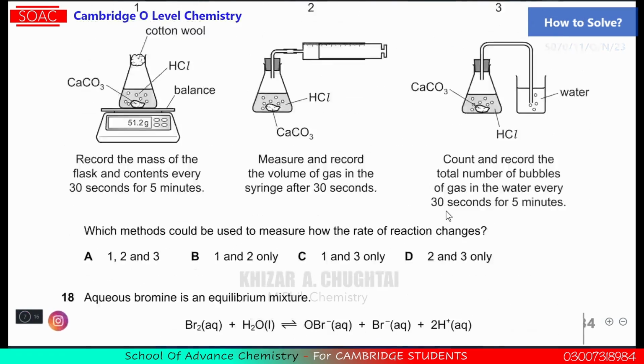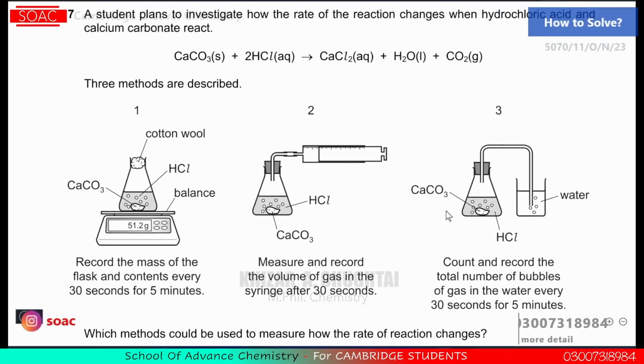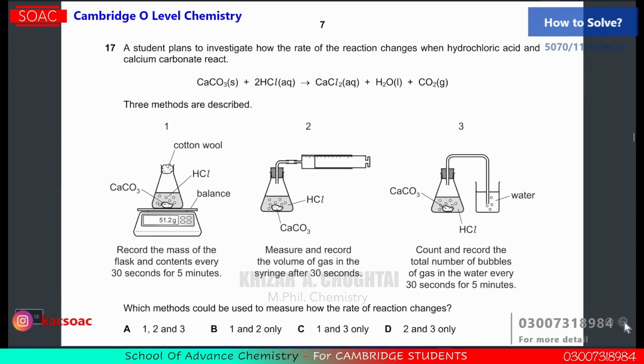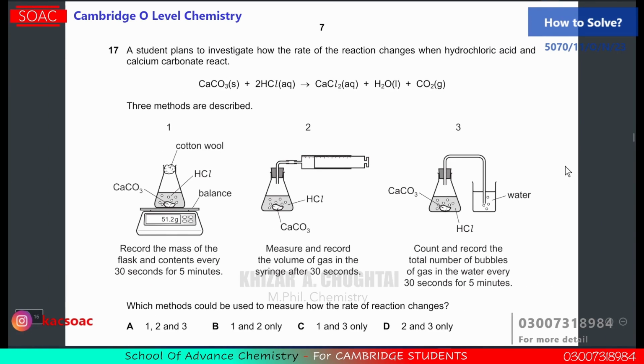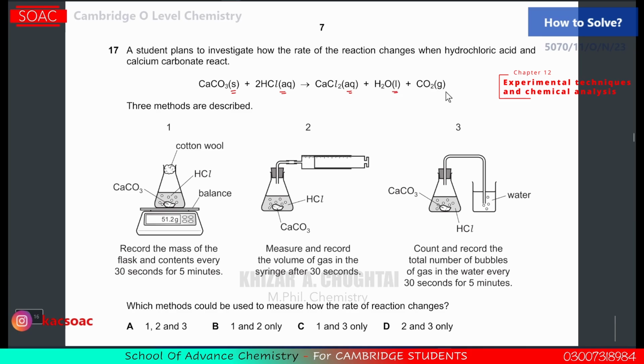Question number 17. A student plans to investigate how the rate of reaction changes when hydrochloric acid and calcium carbonate react. Calcium carbonate solid plus aqueous HCl goes to salt, water liquid, and CO2 gas. 3 methods are described. 1.